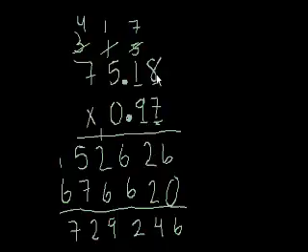So if there are 4 numbers behind the decimal point in the problem, I just count here: 1, 2, 3, 4. The answer will also have 4 numbers behind the decimal point, and that's the answer, 72.9246.